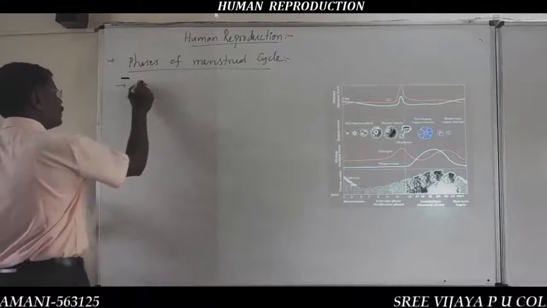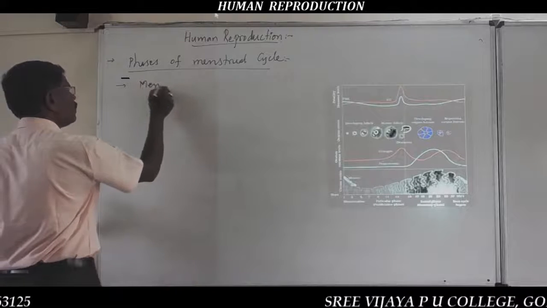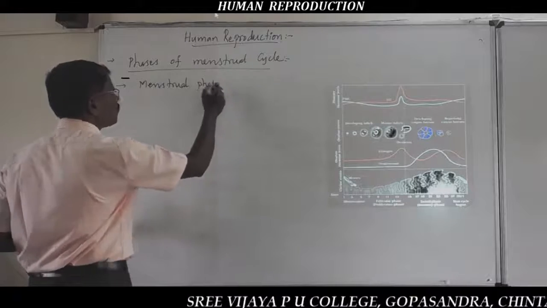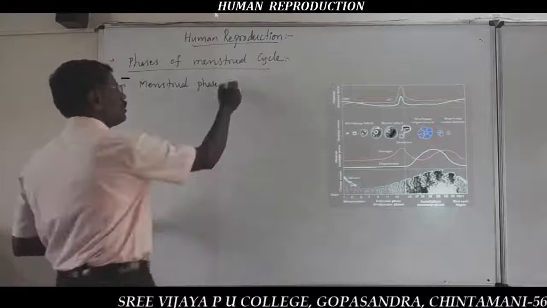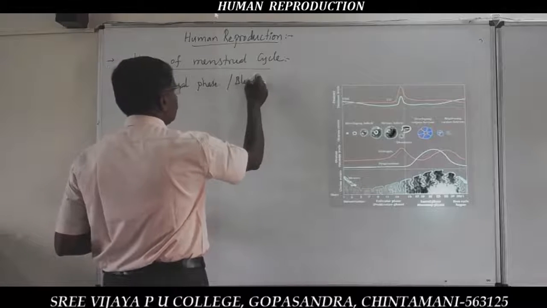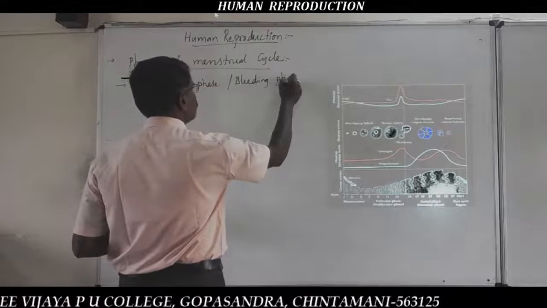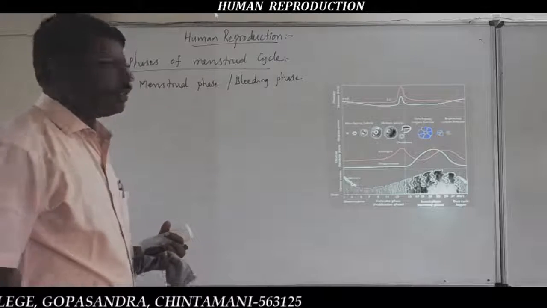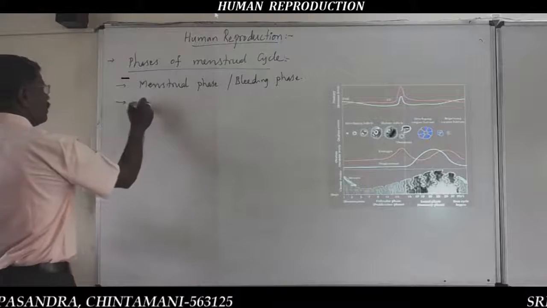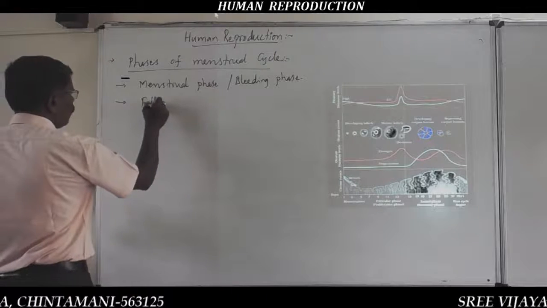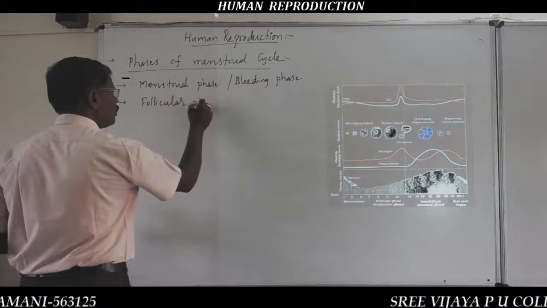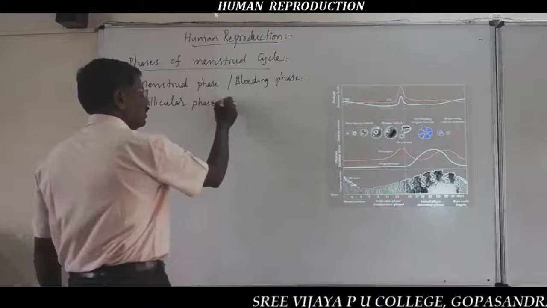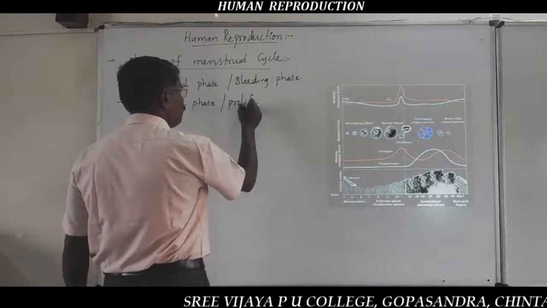The first one is the menstrual phase, also called the bleeding phase. The second one is the follicular phase, also called the proliferative phase.